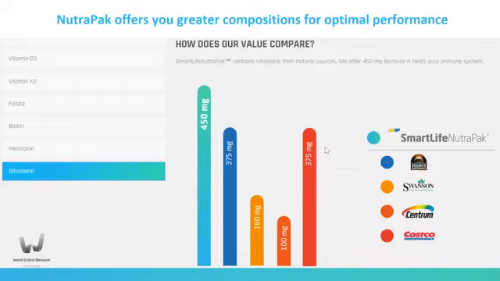Mary, you did your DNA test. The DNA testing is not for diseases. No, it gives you predispositions, but speaking about diseases, it's a very sensitive field. So our DNA test does not provide diseases. Will the NutraPak give me the necessary supplement?